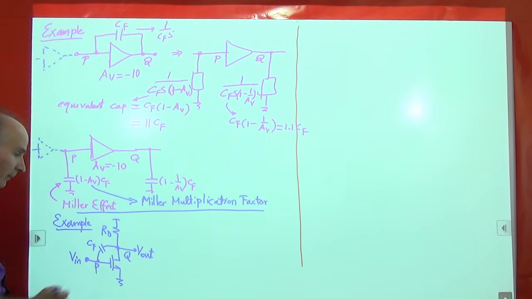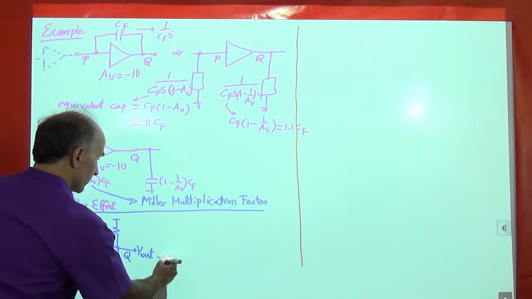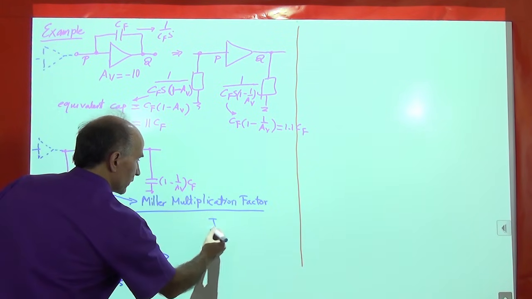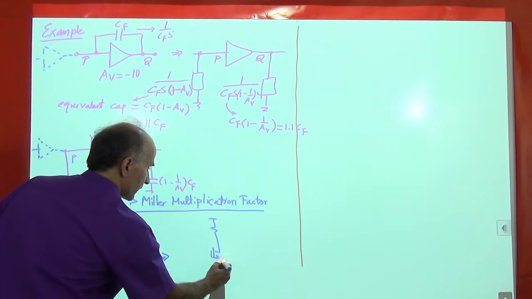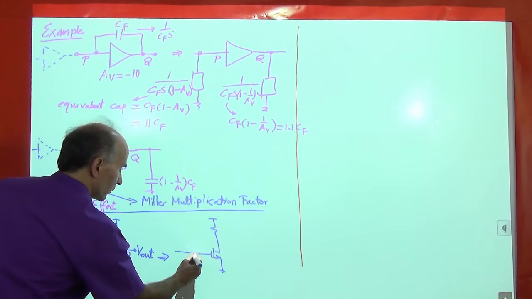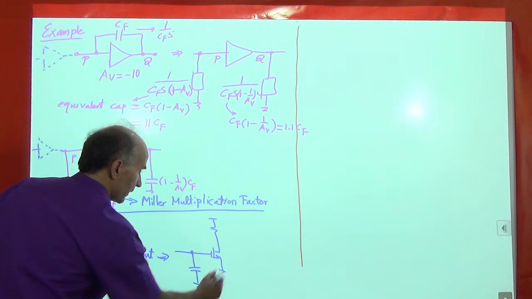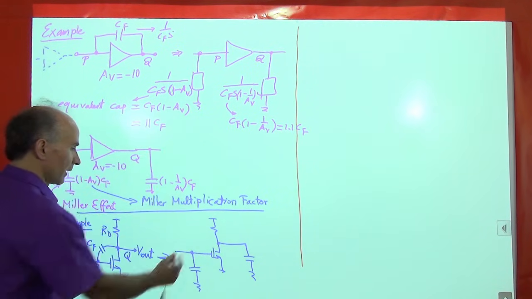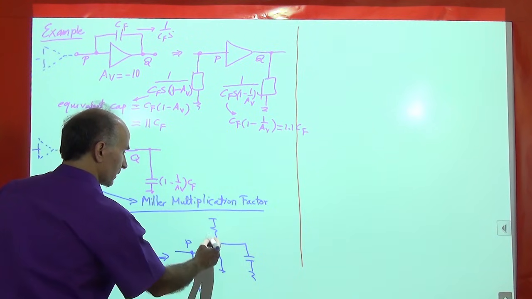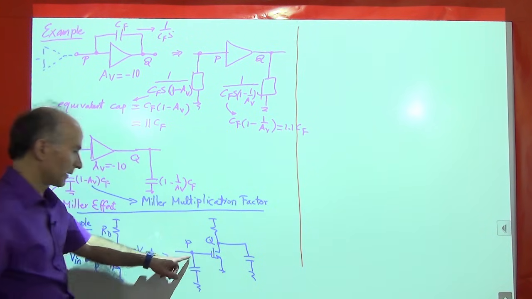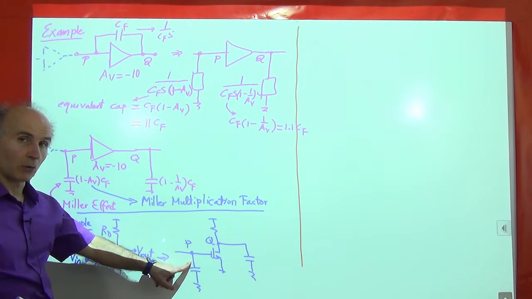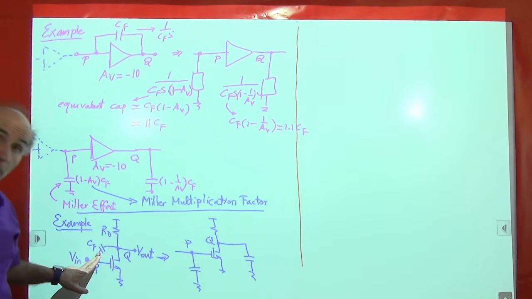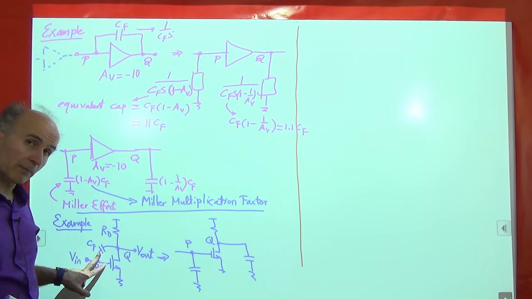Okay, so can I apply Miller's theorem to this capacitor? Sure. So Miller says that you can decompose this capacitor to one here and one here. The capacitor at node P is given by the original capacitor, CF, multiplied by 1 minus AV, the voltage gain.